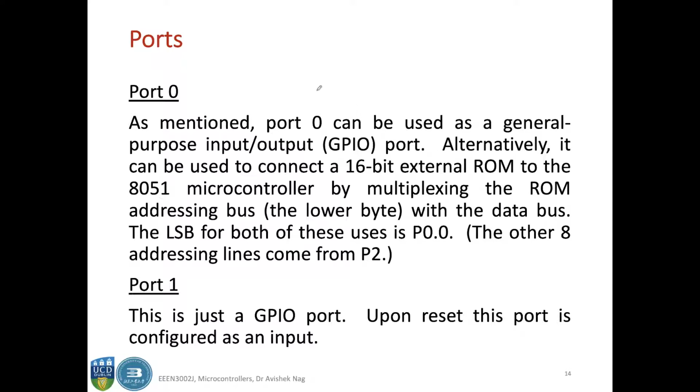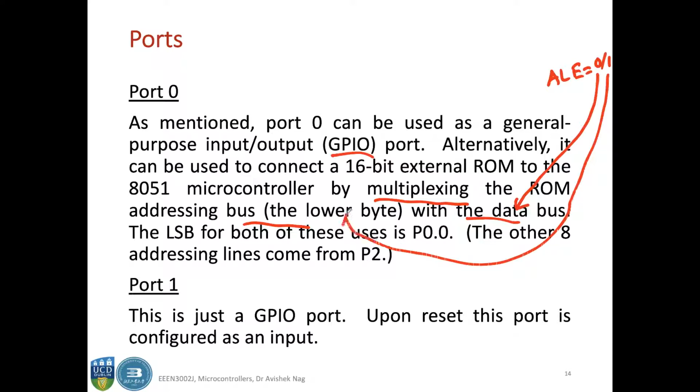As I was saying, port 0 can be used as a general purpose input output, as well as for multiplexing the ROM addressing bus with the data bus. This multiplexing operation is taken care of by the ALE pin, whether it is 0 or 1. Depending on that, it will be performing either as a data bus or the address bus, the lower byte of the address bus.